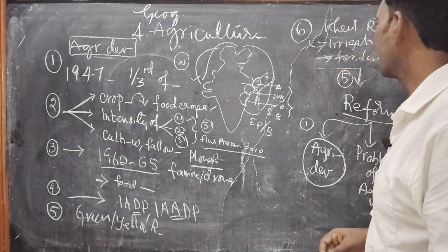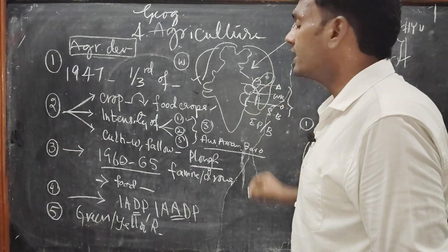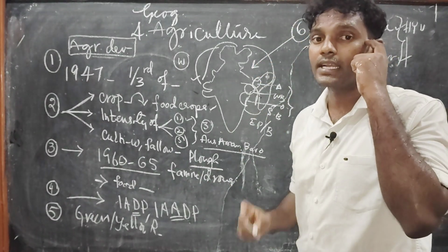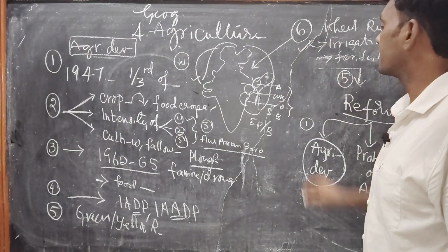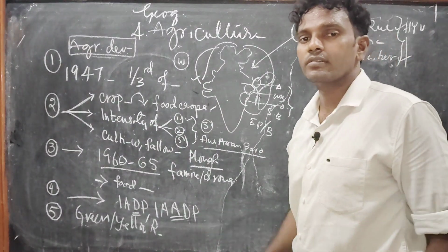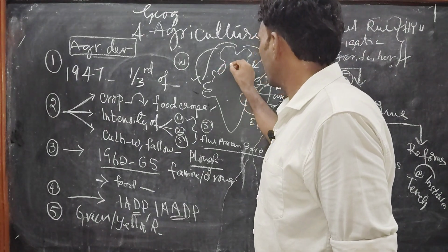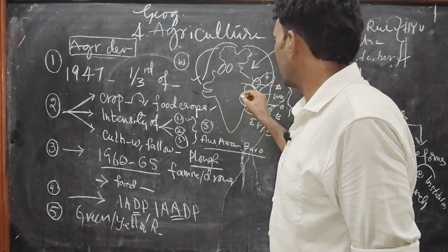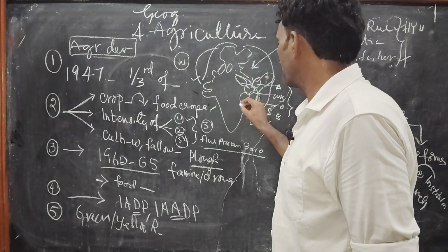Again, the drawback is that it is very successful in the irrigated areas only. Why? Because it needs a lot of irrigation. Otherwise, it doesn't survive. See here, the irrigated areas: Punjab, Haryana, West Bengal, and also Andhra Pradesh.